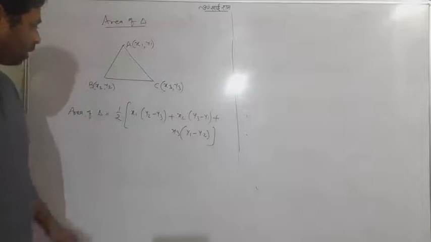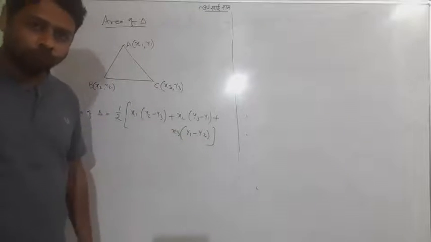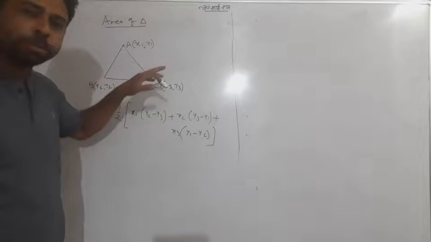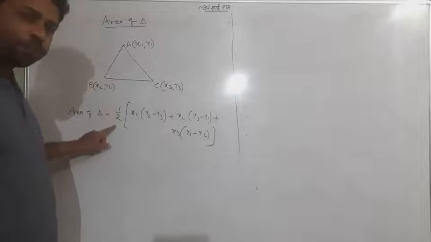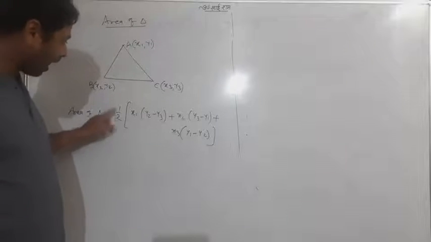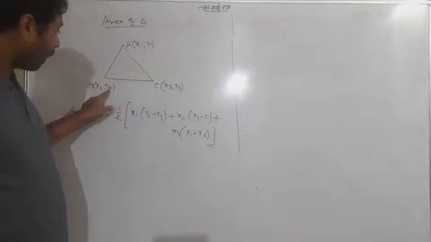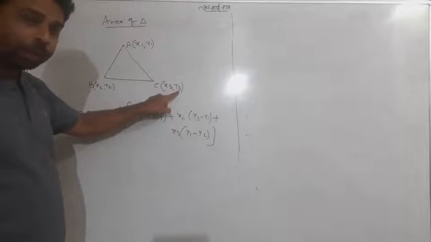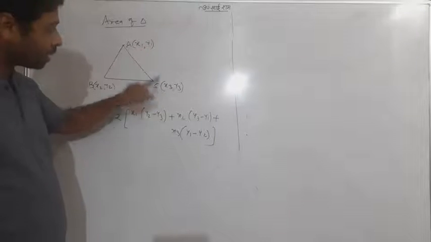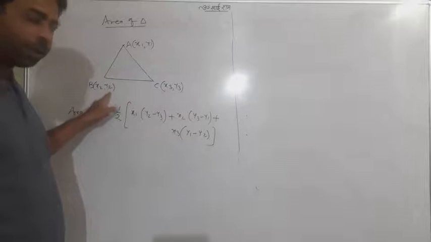So this is a simple concept and formula you have to follow for finding the area of the triangle when vertices are given. Just remember the law. I tell you one thing, how to remember it by a trick: half x1 (y2 minus y3) plus x2 (y3 minus y1) plus x3 (y1 minus y2).